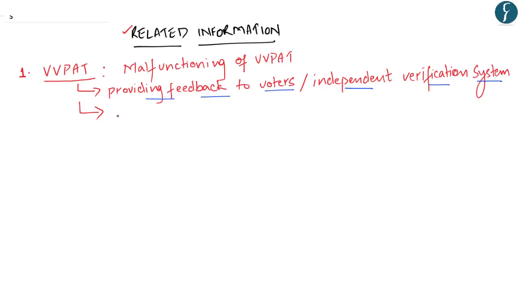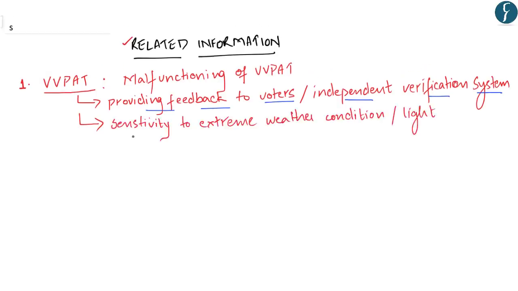Now, why did these VVPATs actually malfunction? After the investigation and the preliminary findings, it was found that the sensors of the VVPAT had malfunctioned due to excessive exposure to sunlight. Thus, the sensitivity of the VVPAT to extreme weather conditions as well as its exposure to sunlight were considered one of the main reasons for their malfunctioning.